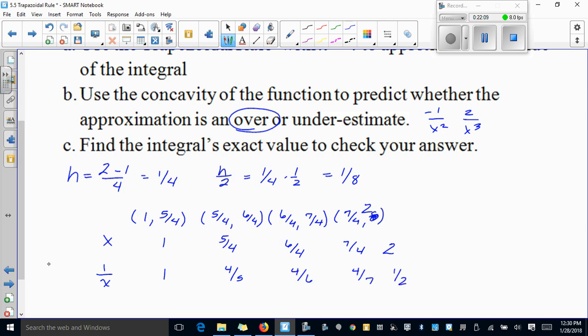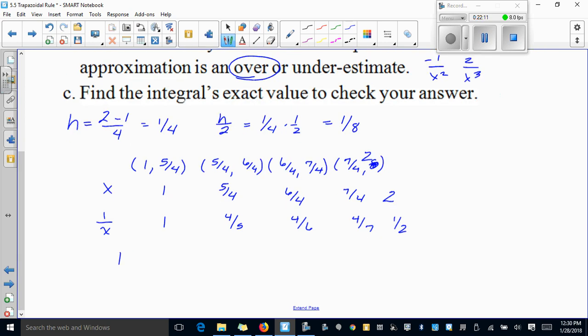So our trapezoid of 4 is going to be 1 over 8 times 1 plus 2 times 4 over 5 plus 4 over 6 plus 4 over 7 plus 1/2.